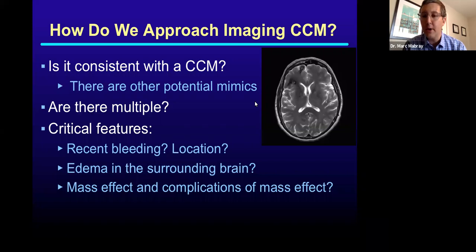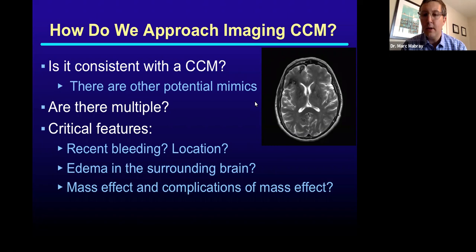We really need to target down where in the brain the bleeding is if we're going to be able to attribute symptoms to it. Is there edema in the surrounding brain? I would think of edema essentially as the reaction of the brain to the bleeding. Is there significant mass effect related to the cavernous malformation and associated bleeding?